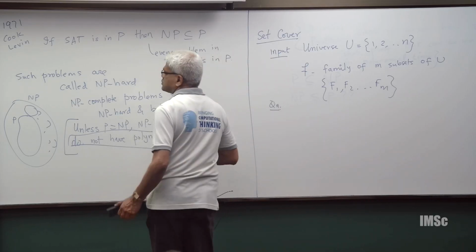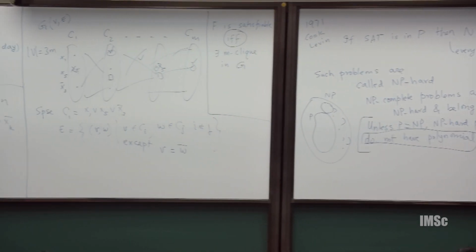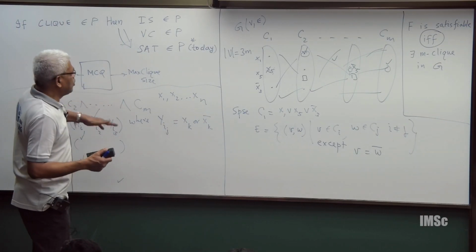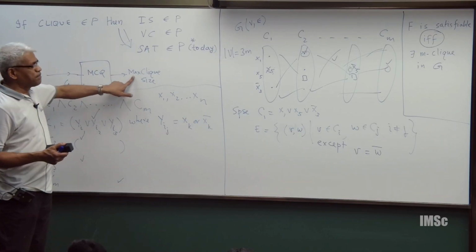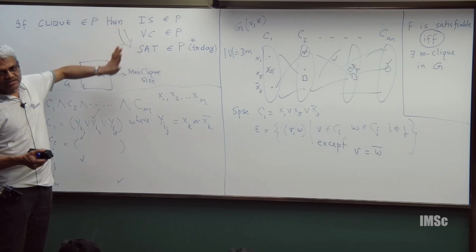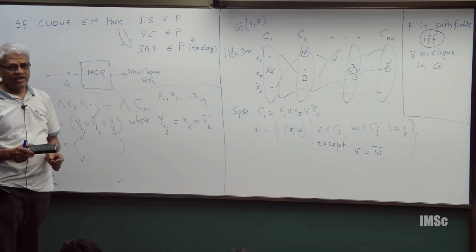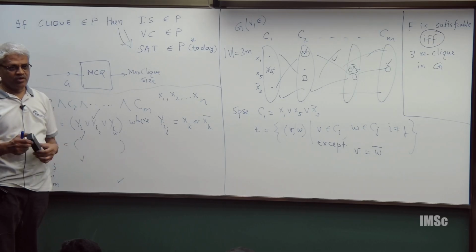by the way, I should make one remark here. We said the whole notion of NP is defined for decision problems, problems for which the answer is yes or no. Though here I kept talking about max clique, min vertex cover, max independent set and so on. Those are not decision problems. Those are optimization problems.